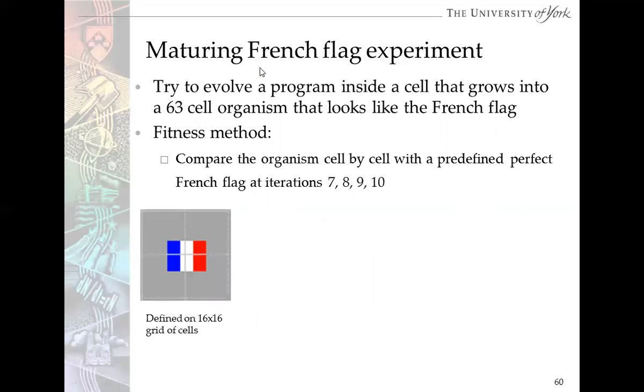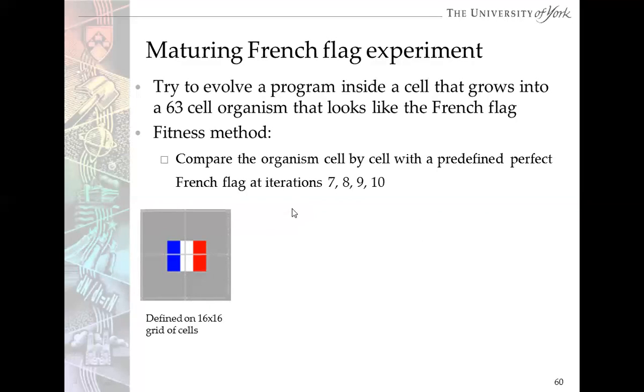So the first experiment was to try to evolve a program inside a cell that grows into a 63-cell organism that looks like the French flag. Why the French flag? I took that because in Lewis Wolpert's book on development, he talks about development from the point of view of trying to construct a French flag in a cellular way.